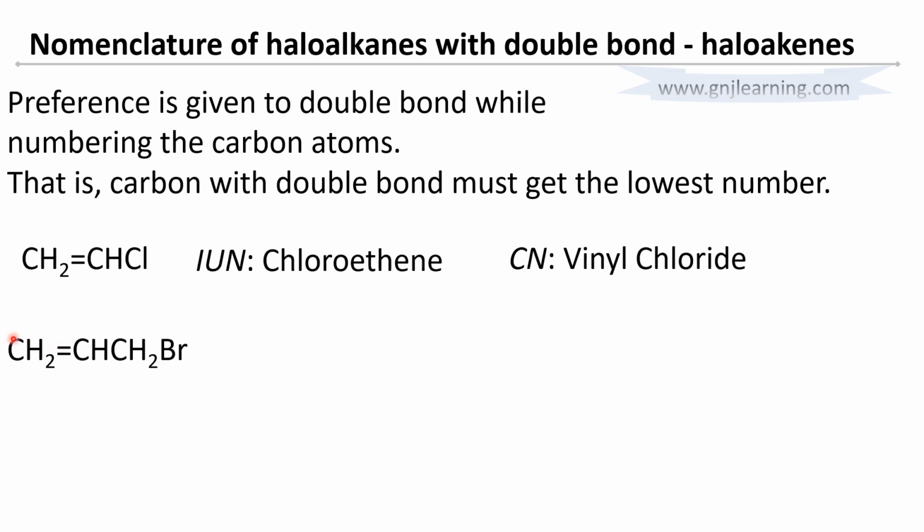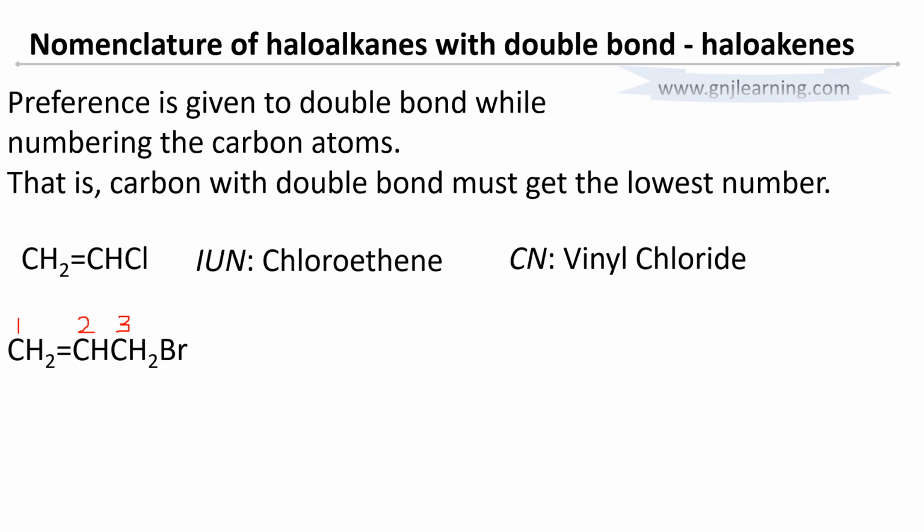Which one will I prefer? I must prefer the carbon with the double bond. It should get the lowest number, 1, so I will number from here: this is 1, this is 2, and this is 3.